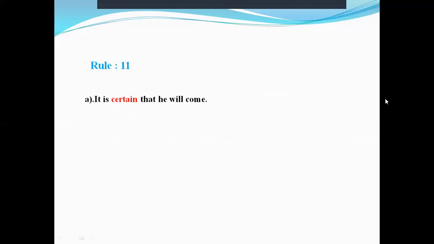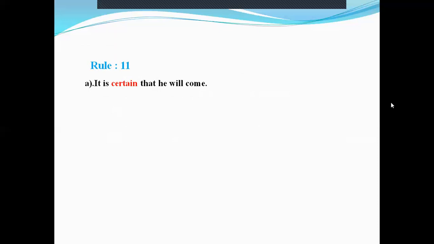Rule 11. A, it is certain that he will come. If there is "certain", "sure", or "sudden" in a complex sentence, use "certainly", "surely", or "suddenly" instead of "certain", "sure", or "sudden".